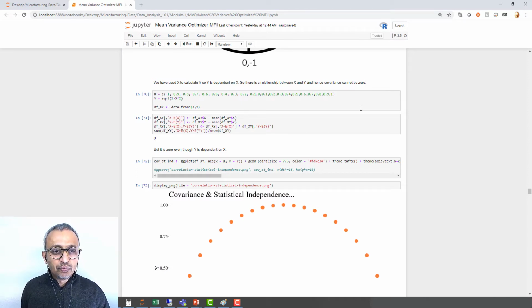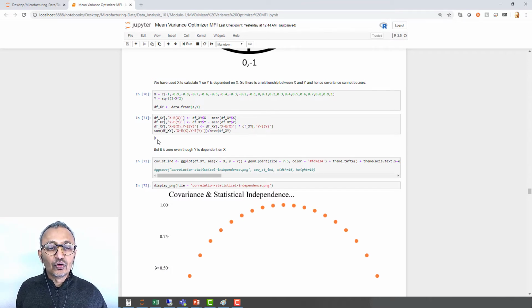And we put these two in a data frame, in a data set. We're going to talk about data frames when we start using data with the Python modules in the Python coursework later on. And let's calculate the covariance between x and y.